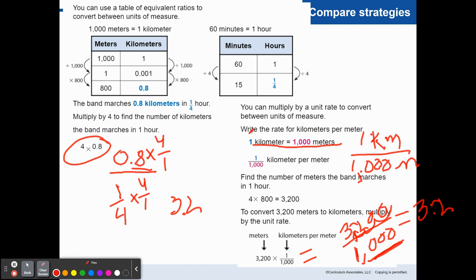Or you can get a rate with your conversion, or a unit rate with your conversion, and then go ahead and multiply. By the way, this one is not my favorite way of doing this, but if you see it and it makes sense to you, go for it.